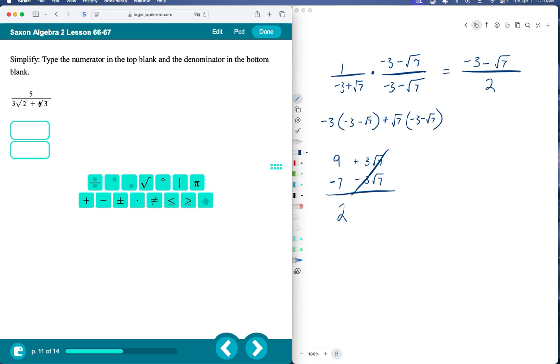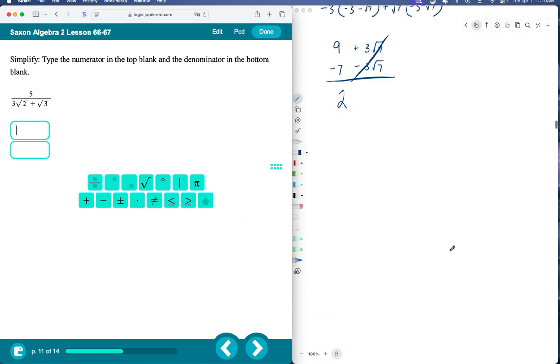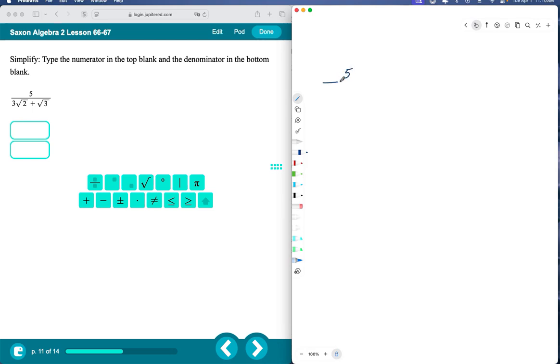What happens when you have 2? You do it the same way. All right, so let's roll this up. We have 5 over 3 square root of 2 plus square root of 3.